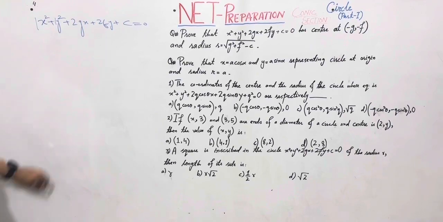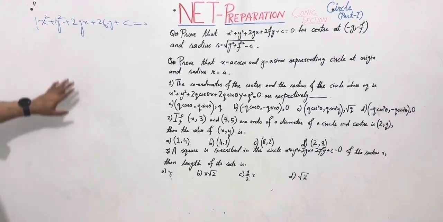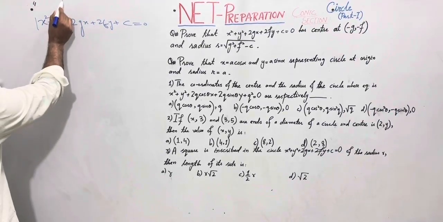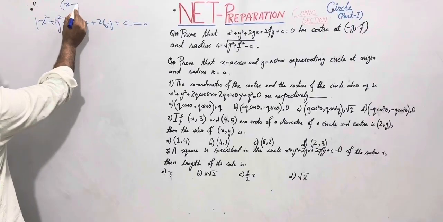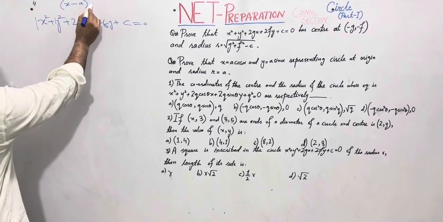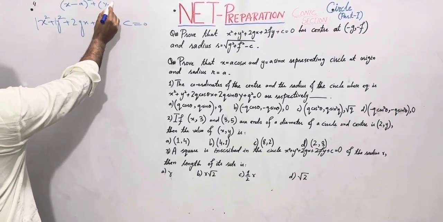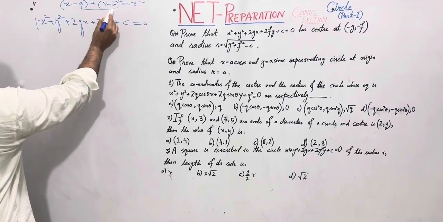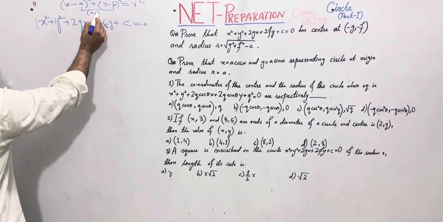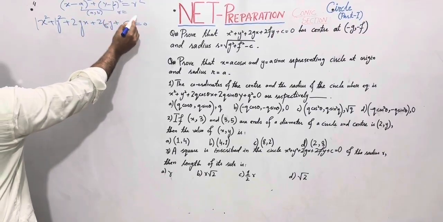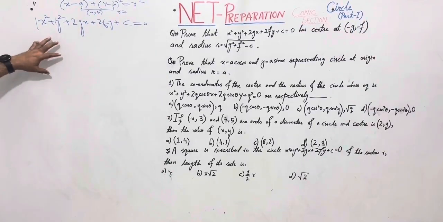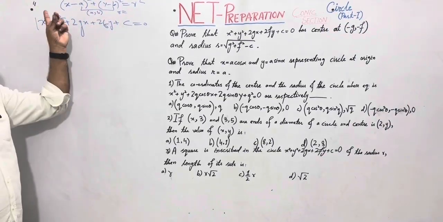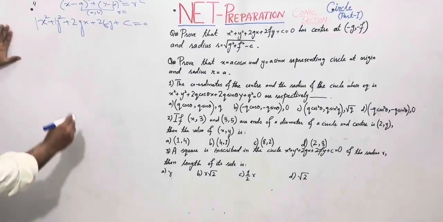Now we are asked to find its center and radius. We have to convert this equation into the standard form, that is (x minus a) whole square plus (y minus b) whole square is equal to r square, where a and b are the coordinates of the center and r is our radius. We have to transform this equation into that standard form.